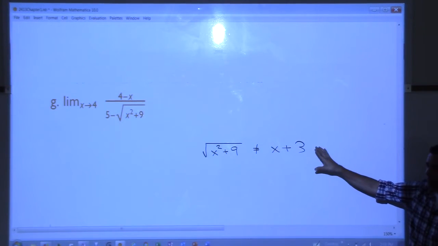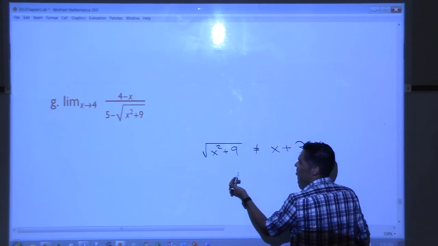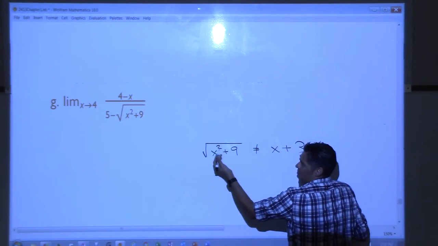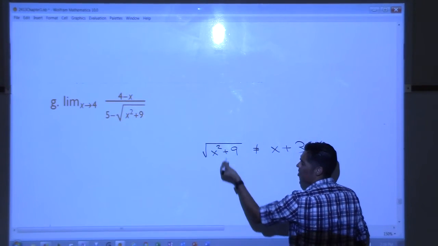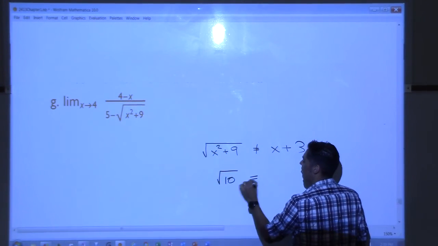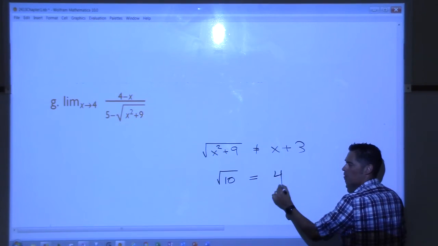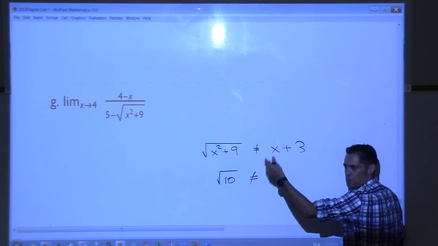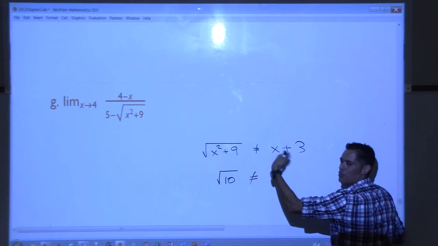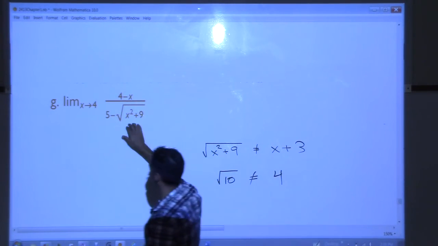Okay, it's not legal, but let's just verify it's not legal. Let's plug in 1. What would I get on this side? Square root of 10. Okay, is that equal to what you get when you plug in 1 here? No, it's not 4, right? Something is wrong, which means this I couldn't do, all right? So you can't simplify this.